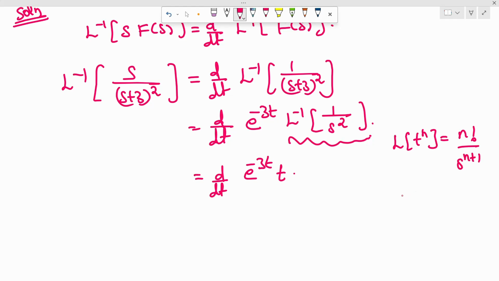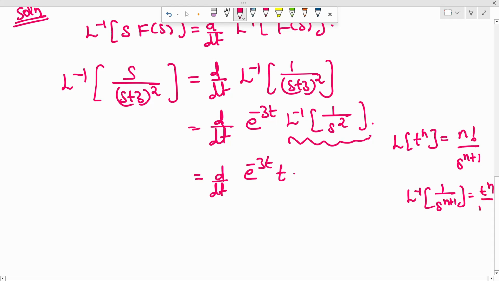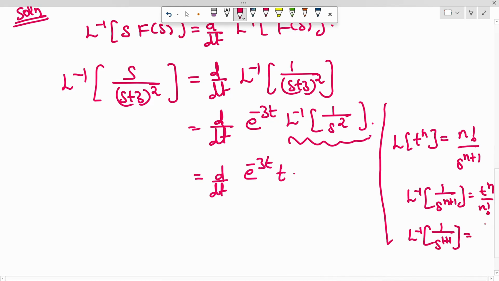In inverse Laplace transform, L inverse of 1 by s power n plus 1 is t power n by n factorial. Here 1 by s square is n plus 1 equals 2, so n is 1, which gives t power 1 by 1 factorial. 1 factorial is 1. Therefore, L inverse of 1 by s square is t.